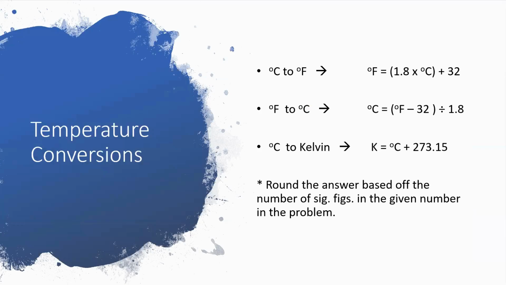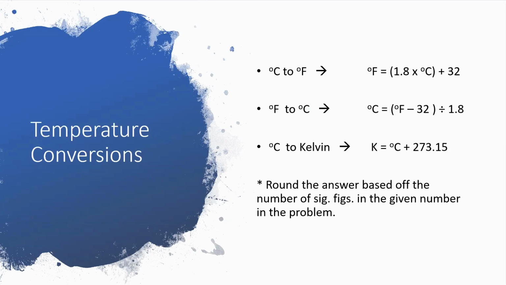So here are the three equations that we need. We would have to go from Celsius to Fahrenheit using this equation right here. This equation will allow us to go from Fahrenheit to Celsius, and then from Celsius to Kelvin. And then if you're rounding your final answers based off of the number of sig figs, hopefully you all took the time to watch that previous video.